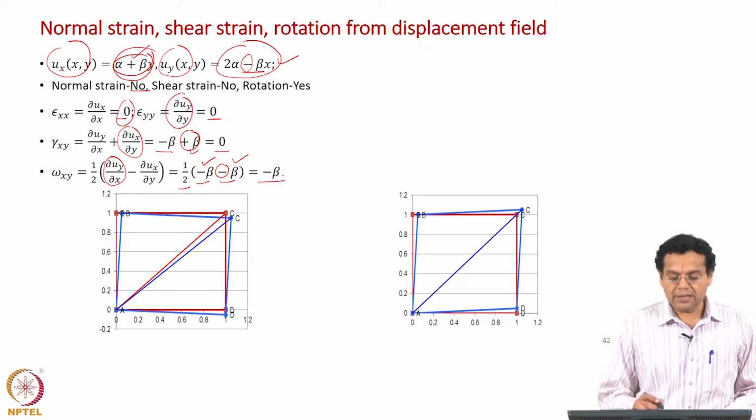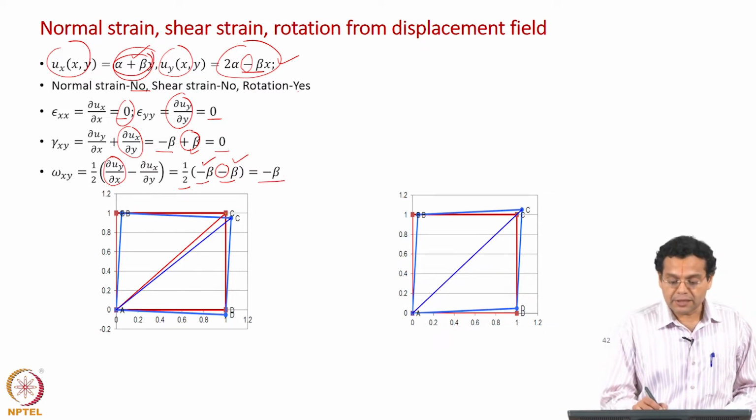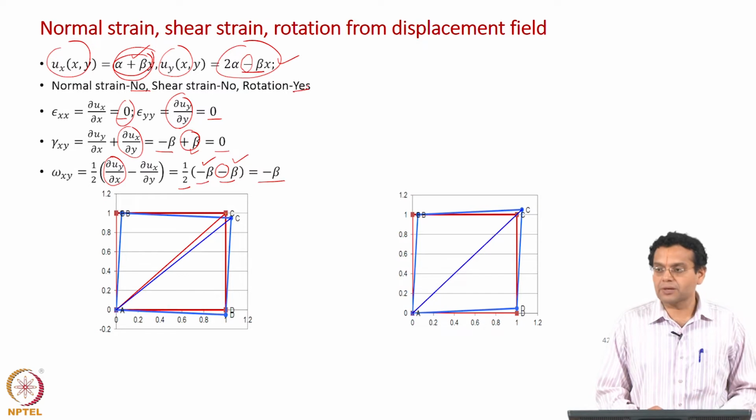So if you evaluate, you get minus beta. That is what we said, rotation is there, but now we have quantitatively evaluated that it is minus beta. For example, if beta was 0.05, omega x y is equal to minus 0.05.